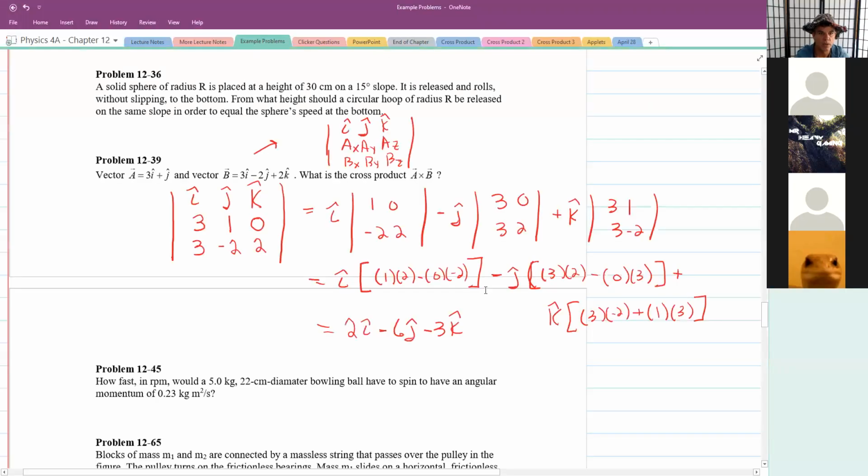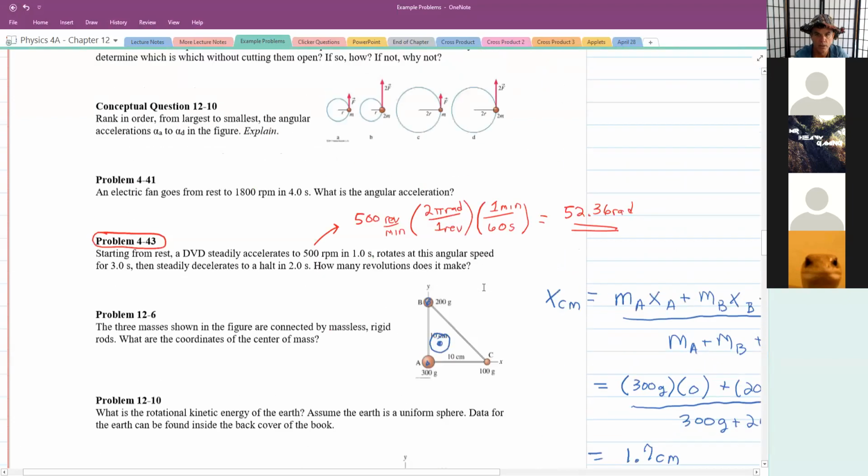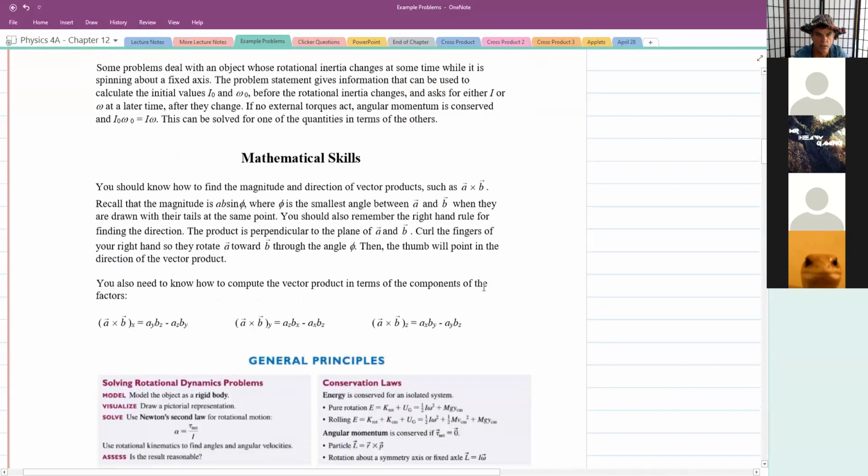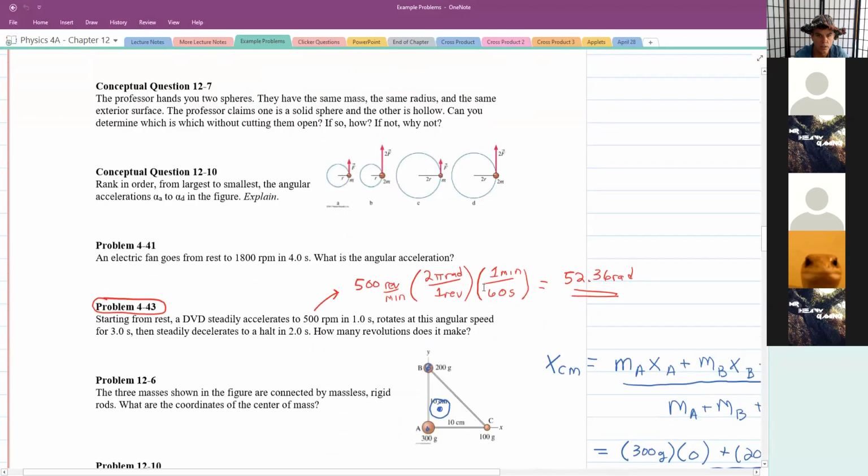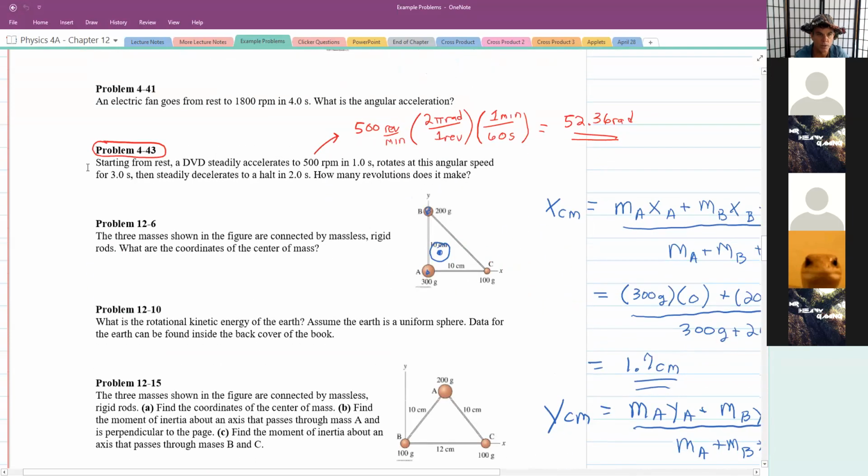It's possible I made a mistake too. Problem 4.43: starting from rest, the DVD steadily accelerates to 500 RPM in 1 second. It stays at this angular speed for 3 seconds and then decelerates to a halt in 2 seconds. How many revolutions did it make?